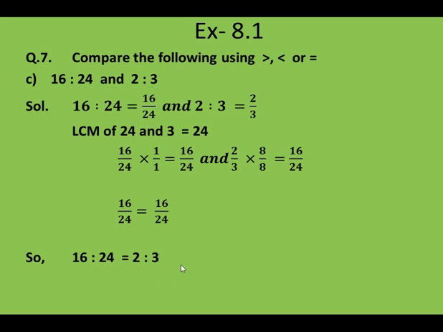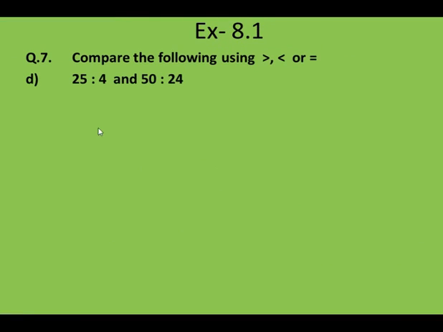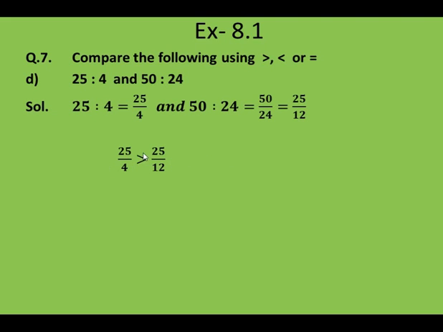Okay. Then what we are having, D part. 25:4 and 50:24. So 25/4 and 50/24. So here what we have done, 50/24 I have simplified to 25/12. Now we need to compare 25/4 and 25/12.